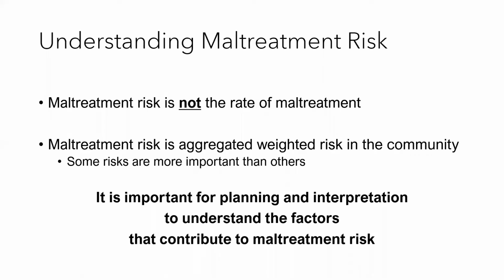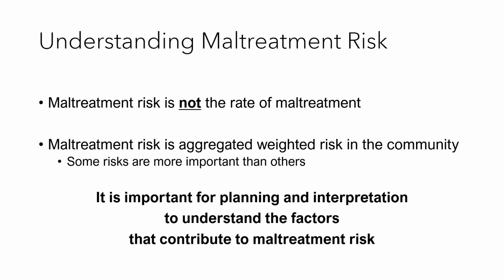So now I want to move towards talking about the actual maltreatment risk mapping. And the first thing I want to start off by saying is what I'm about to show you is not the rate of maltreatment in your community. The reason why we didn't present these as the rates of maltreatment is every time I have ever presented rates of maltreatment, the conversation always turns towards CPS and what CPS is and is not doing in the community.